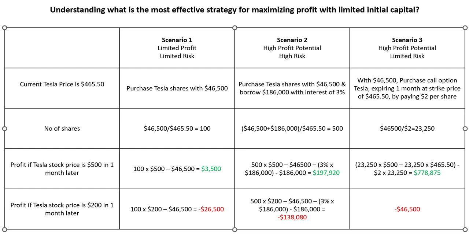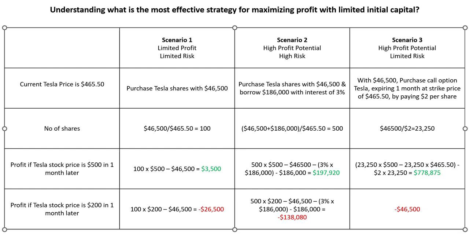Then you will sell those shares at the current market price of $500 and earn the difference. With this difference, you minus the premium paid or the $2 per share, which is $2 times 23,250 shares, and you'll get a total profit of $778,875.